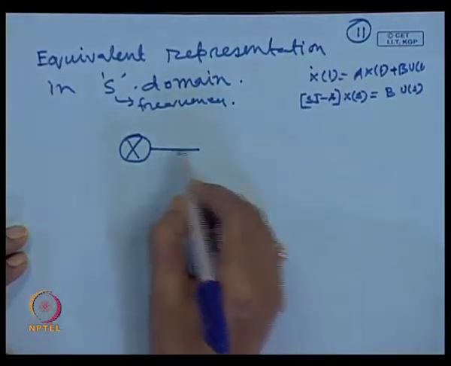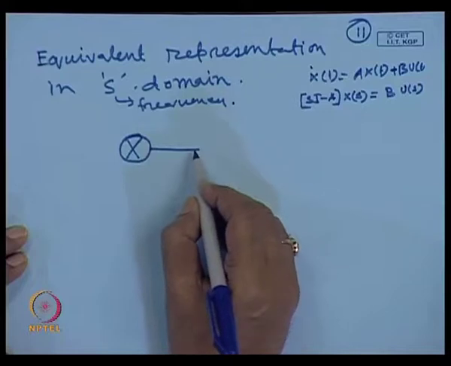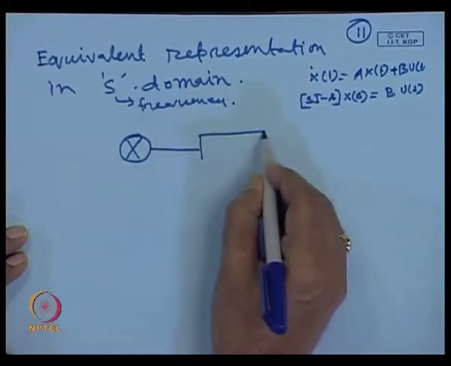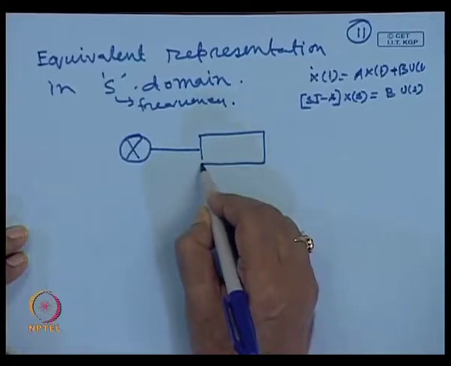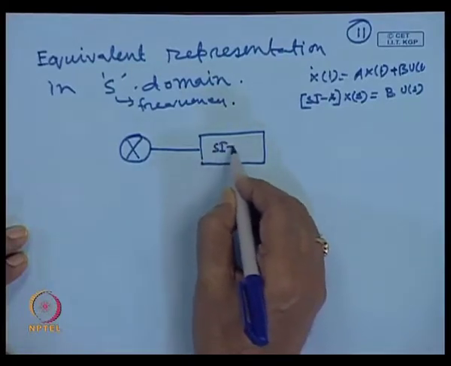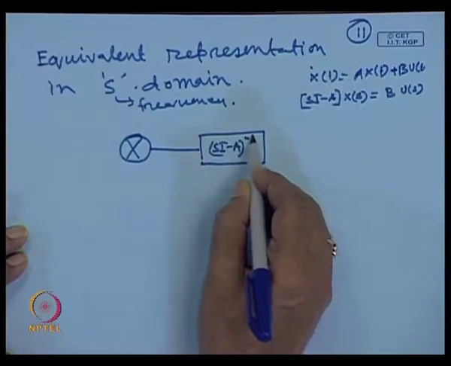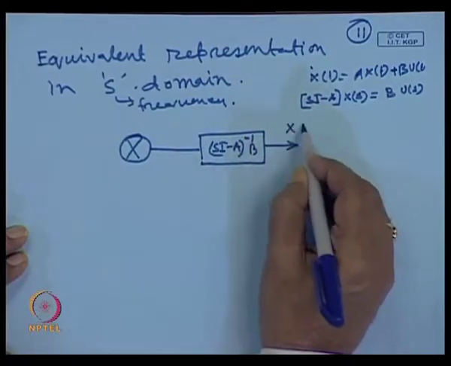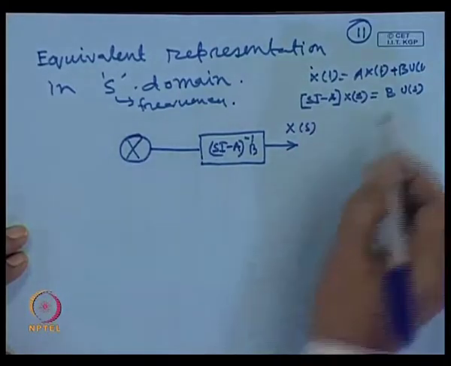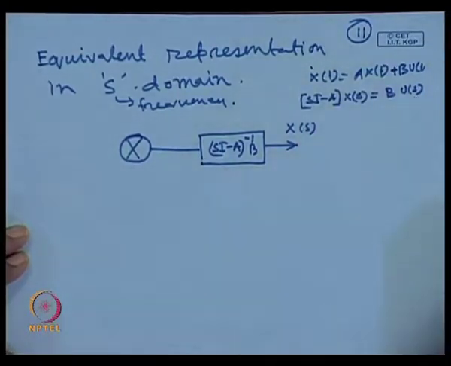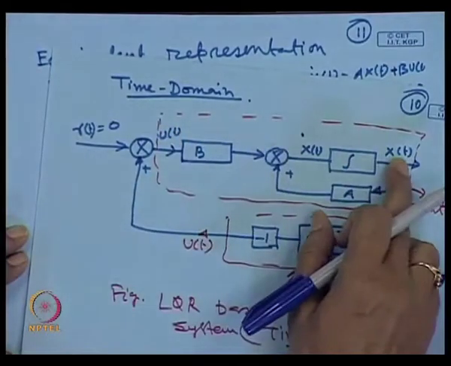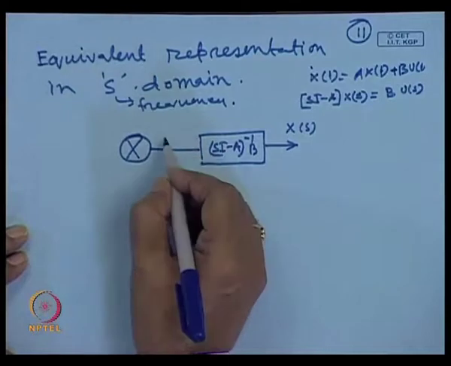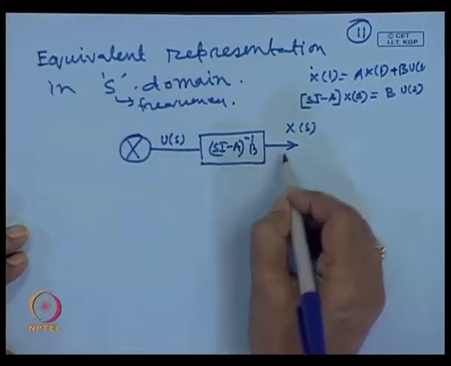So x of s equals (S I minus A) whole inverse into B times u of s. Here u is the input, and the output is x of s.